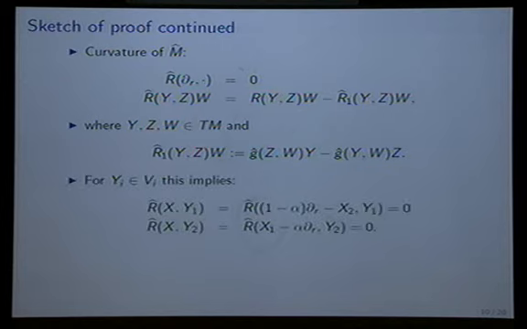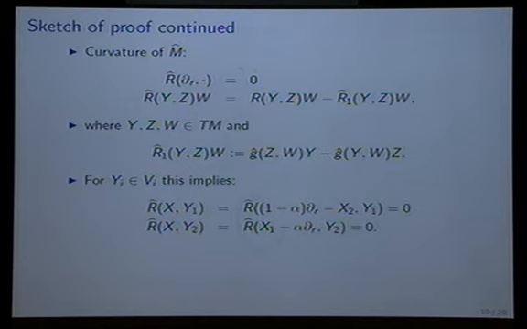And we can apply this formula now to any vector which is tangent to the distribution V_i. So recall that the tangent bundle of the cone, TM hat, is decomposed as V1 plus V2. Now we take a vector y_i from V_i, i equal 1 and 2, for instance y1.